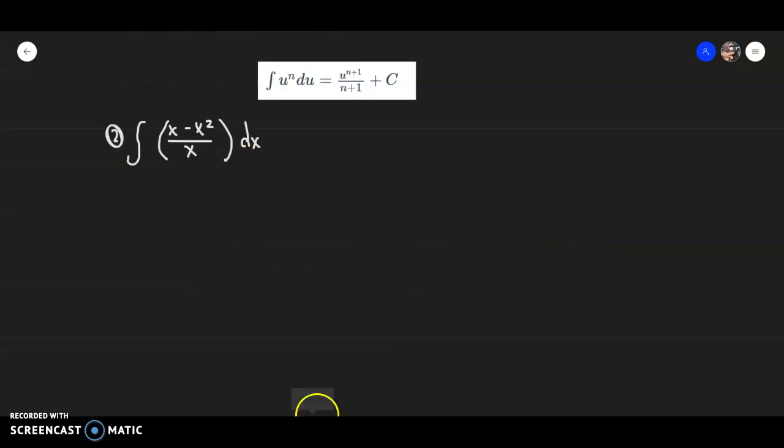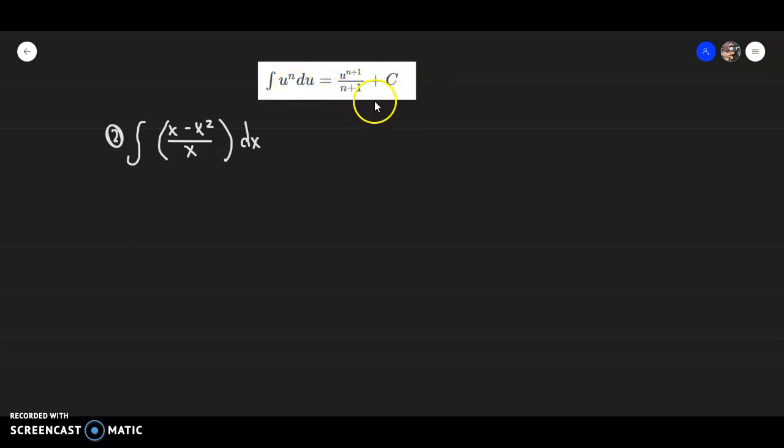Okay, next example. The antiderivative of x minus x squared all over x dx. So, ganito pa din yung general power formula natin na gagamitin, itong nasa taas.